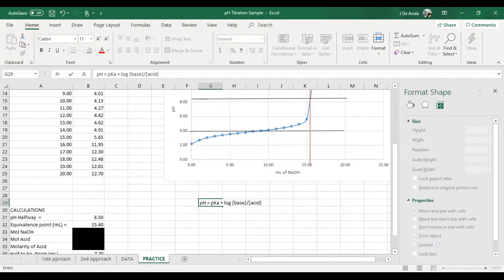But at this halfway point, where you have the same amount of acid and base, the molarity of the base equals the molarity of the acid, so at that point, the pH equals the pKa.